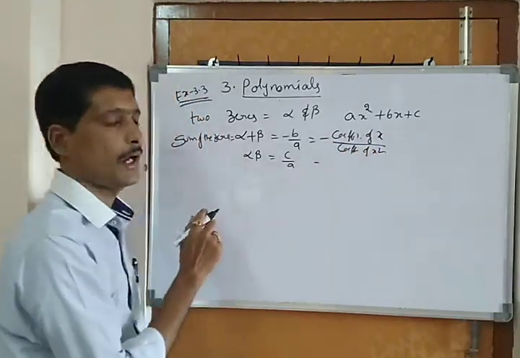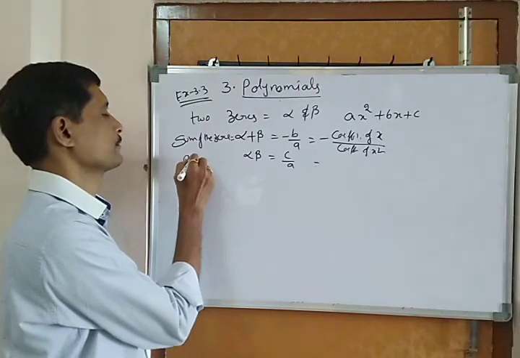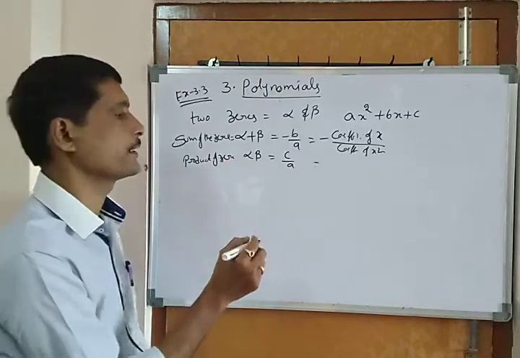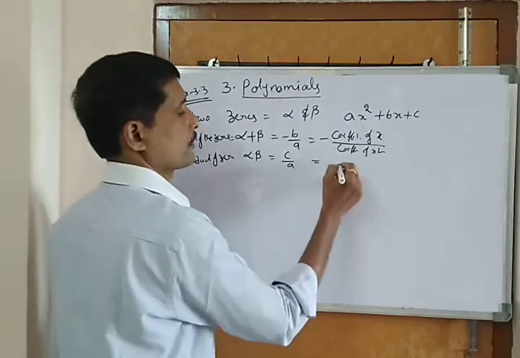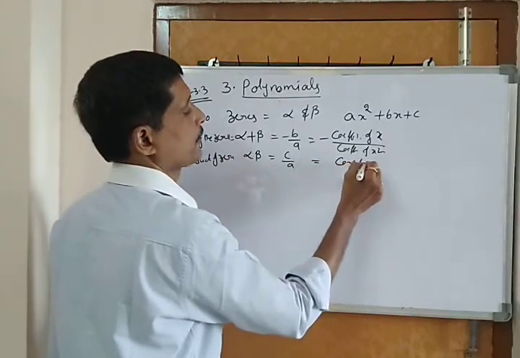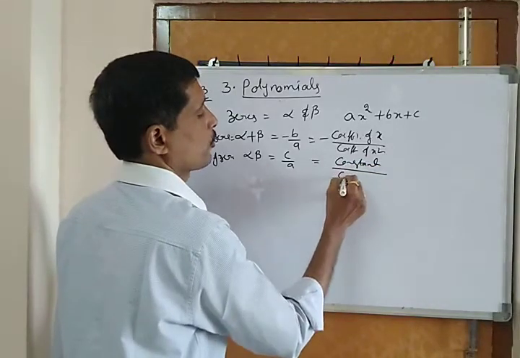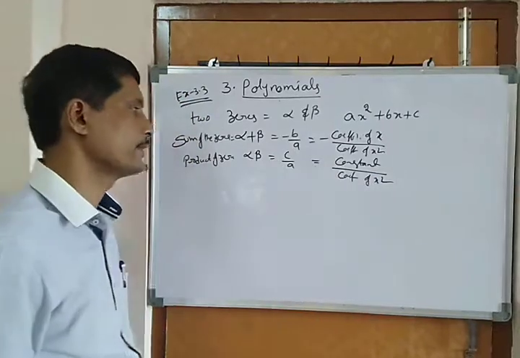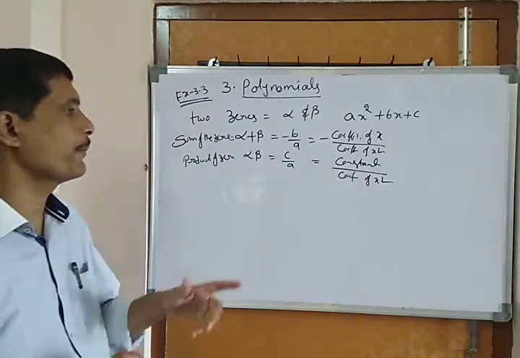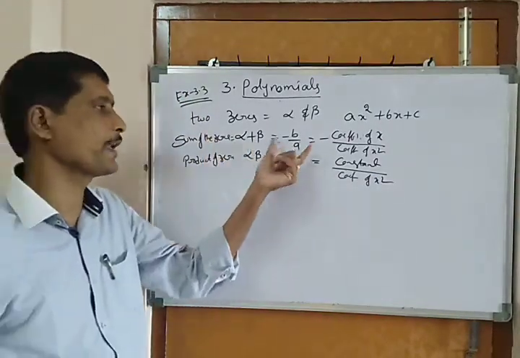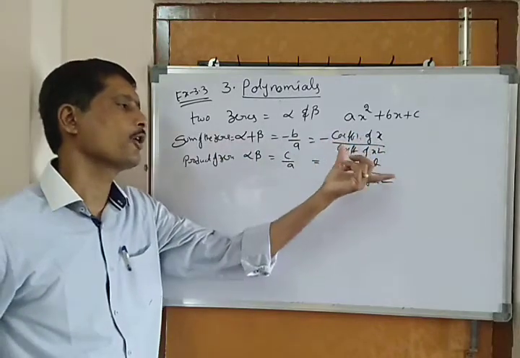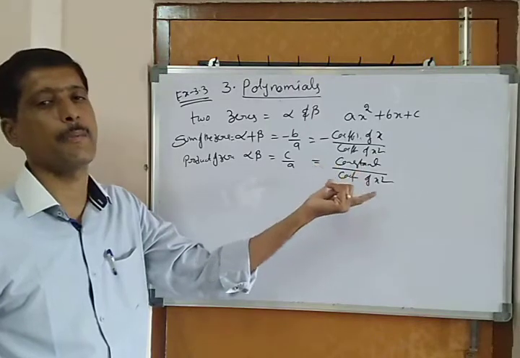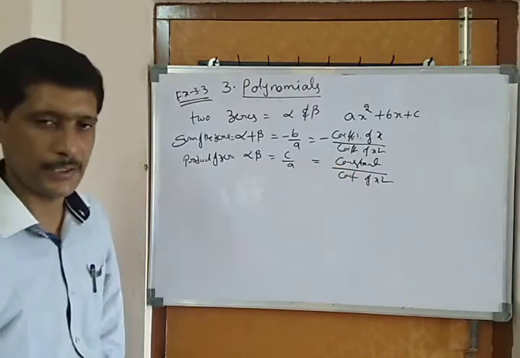Next, the product of the zeros, alpha beta, equals the constant term by coefficient of x square, that is c by a. This is the main formula: alpha plus beta, the sum of the zeros, equals minus b by a, that is minus coefficient of x by coefficient of x square. Alpha beta equals c by a, that is constant term by coefficient of x square.